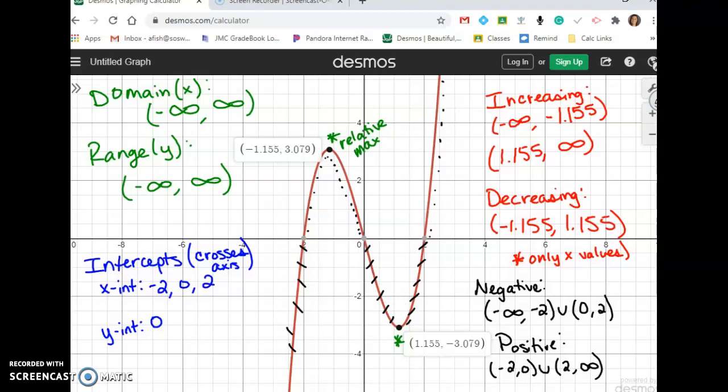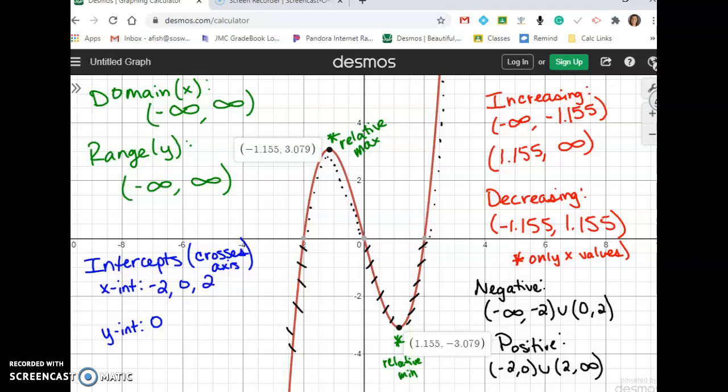You're at the top of that hill. Even though this keeps going on forever, it's a max in that area. It's the top of that hill. Kind of like down here, we have a relative min. It's the bottom of the hill for this area.